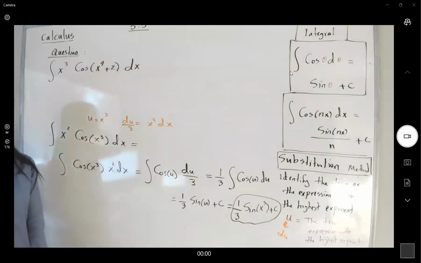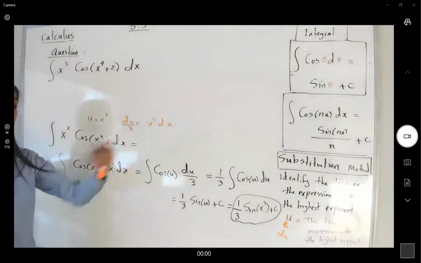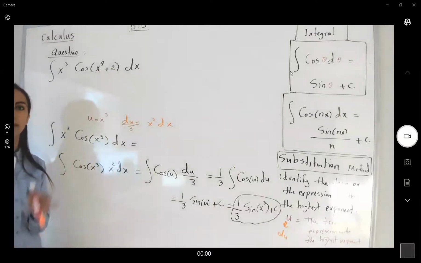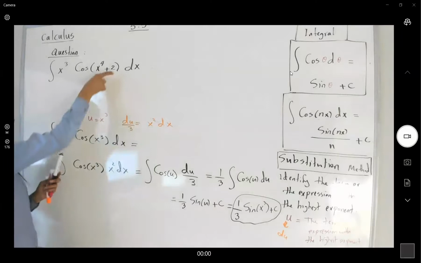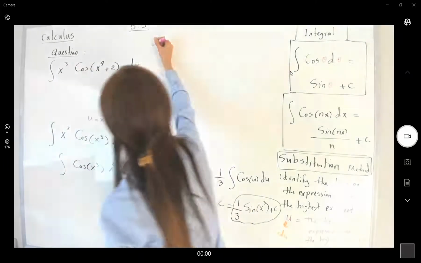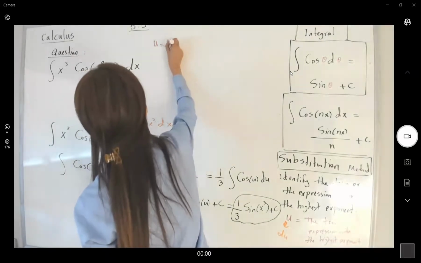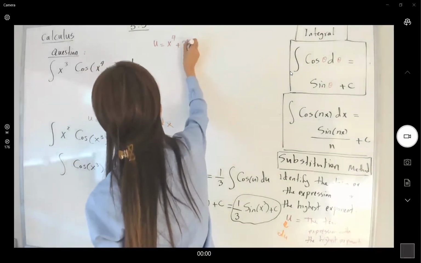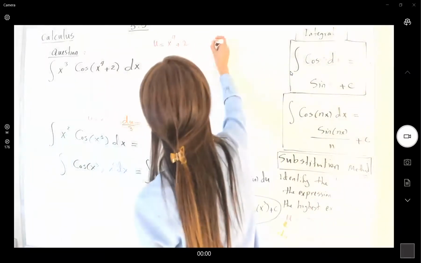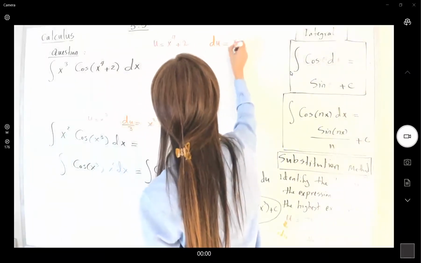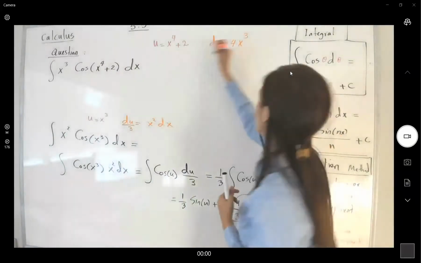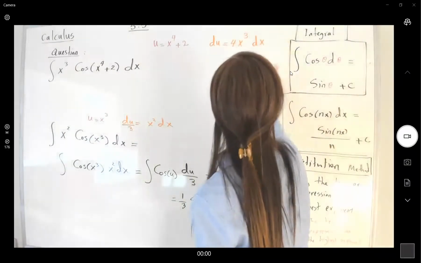Okay, substitution method, the very first method that we learned is to find a term or expression with the highest exponent, which is x to the 4th plus 2. So this is going to be your u. u is x to the 4th plus 2. Now find the derivative. du is equal to 4x to the 3rd. The derivative of 2 is equal to 0, dx.